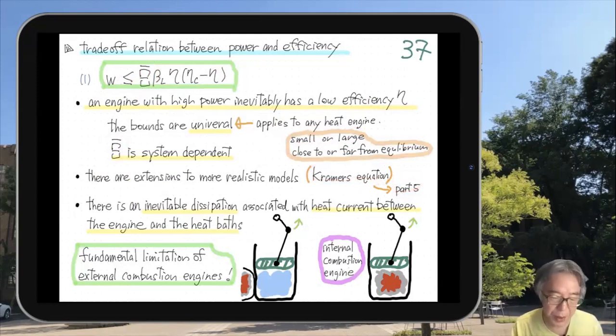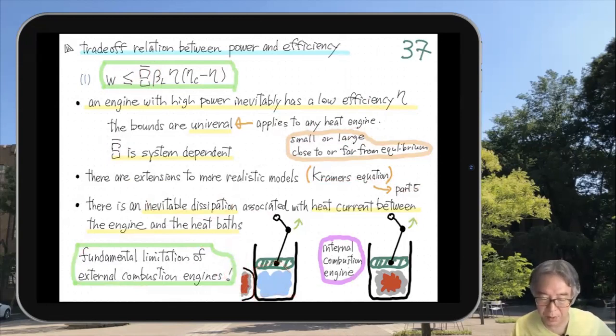And so this is the punchline that I already said. The essence of our theory is that there is an inevitable dissipation loss associated with heat current between the engine and the heat bath. So this tells you that this is the fundamental limitation of external combustion heat engines, where you have a heat source outside the engine, here an explosion or fire or whatever, and inside you have working material.